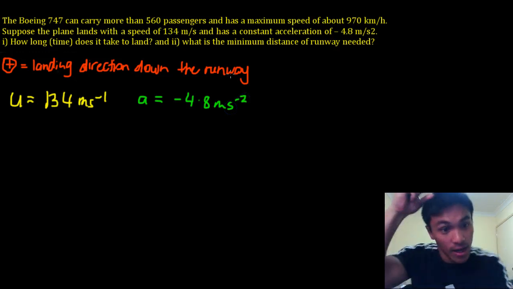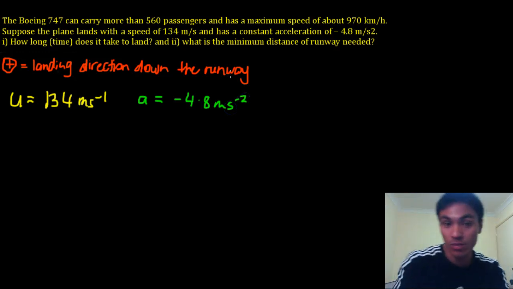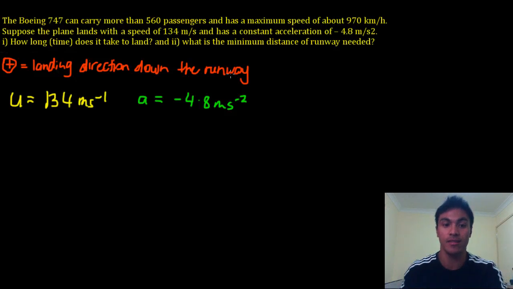What does that mean? A negative acceleration in this particular example means that it is accelerating in the opposite direction that it is actually landing. So if it's landing down the runway, its acceleration is going away from the runway, in the opposite direction. What does this mean to motion?